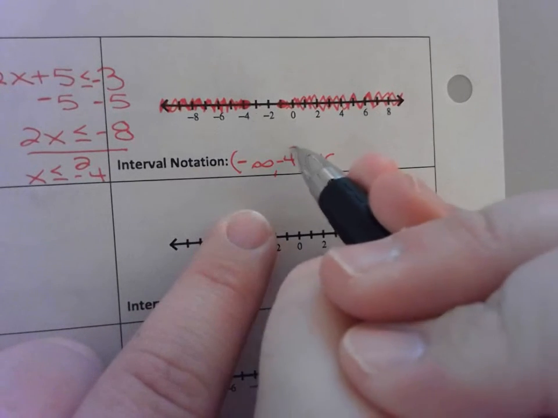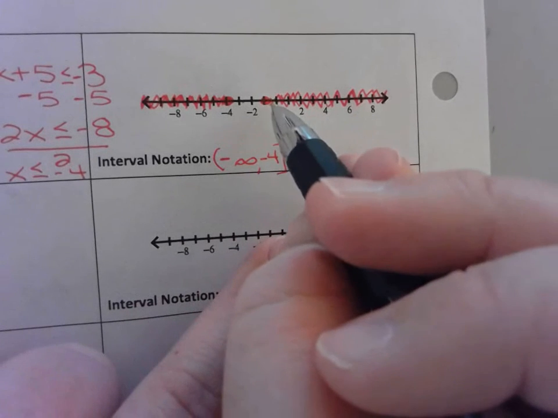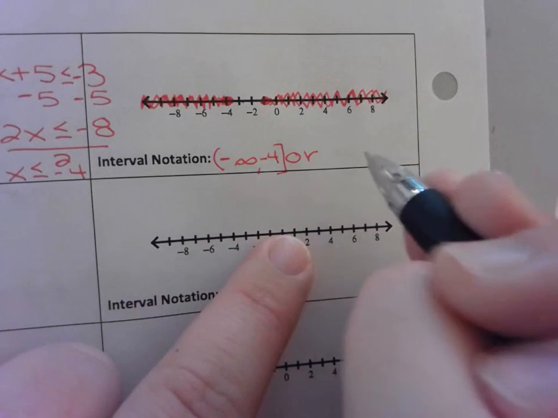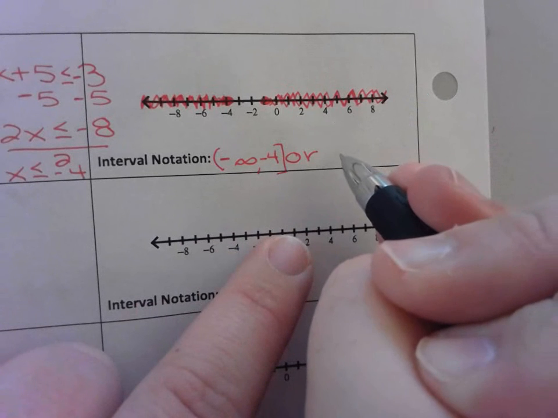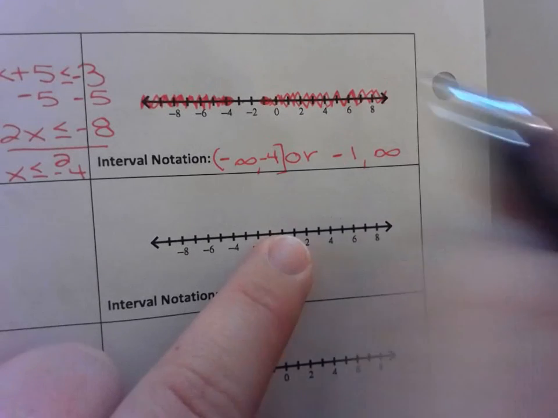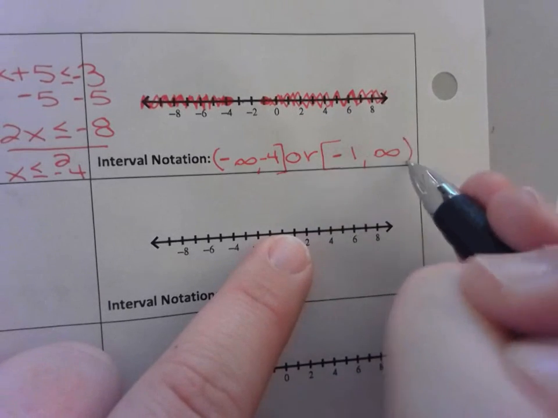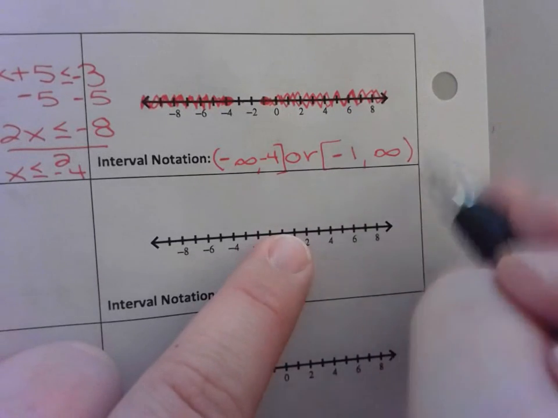It's filled in circle at negative 4, so bracket. And then my next interval, let's start from the left point. The left point is what? Negative 1 to infinity. Filled in circle at negative 1, so bracket. And infinity, you always put parenthesis.